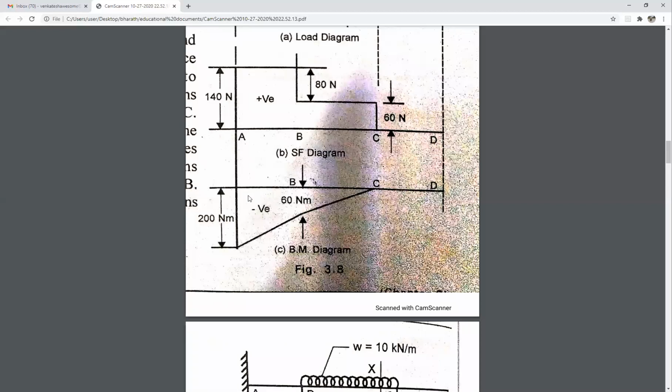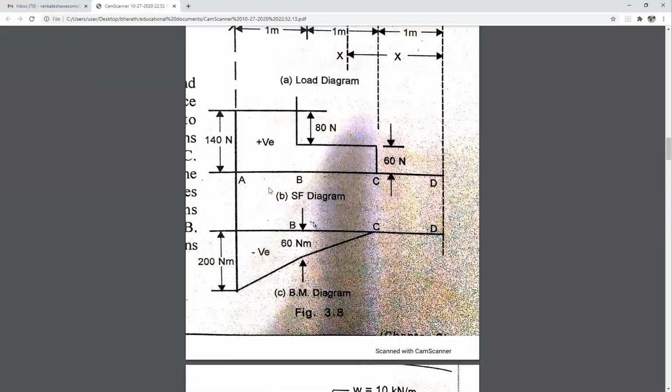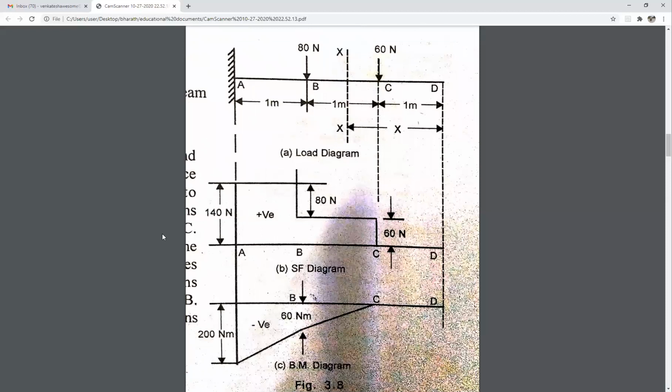And while we construct the BMD diagram also, this is the baseline ABCD. From C to D, we don't have any loads, as well as we don't have any moments also. So the bending moment will be 0 up to the point C. After the point C, there will be a moment, which is represented by some inclined line.